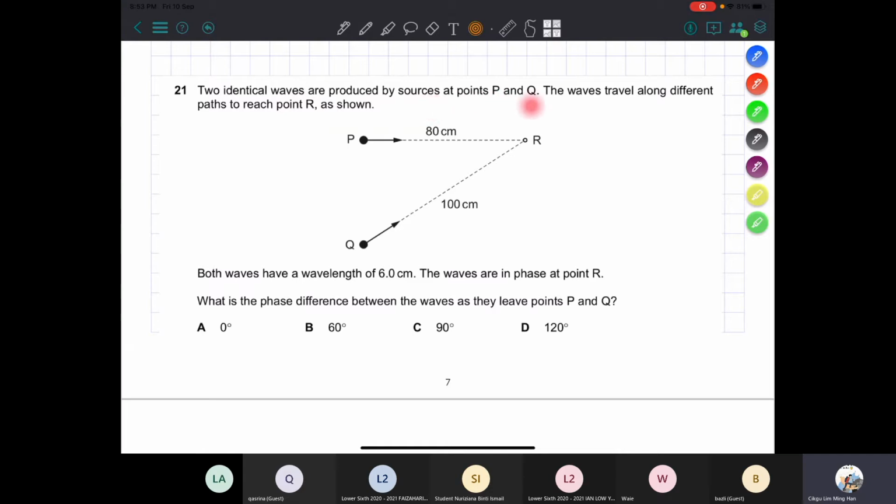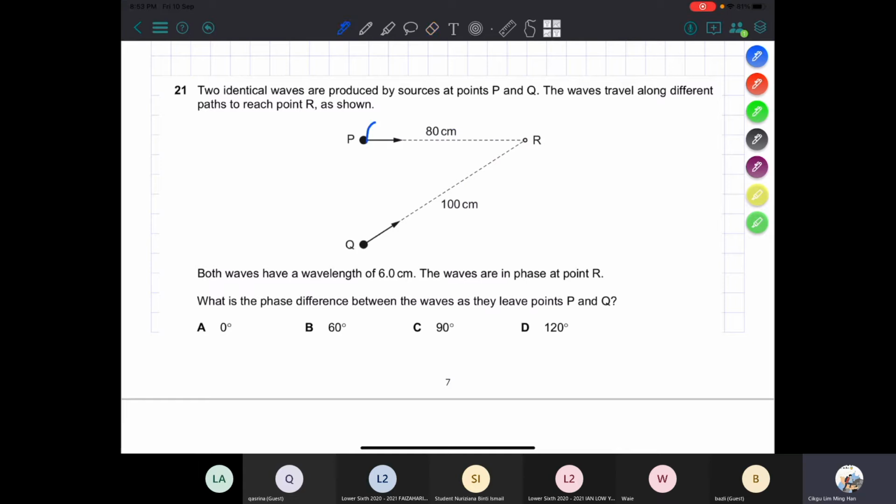waves produced by a source at P and Q travel along different paths to reach R. So you have to imagine your wave like this, and on the other side you have another wave. Sorry, I think that was wrong.